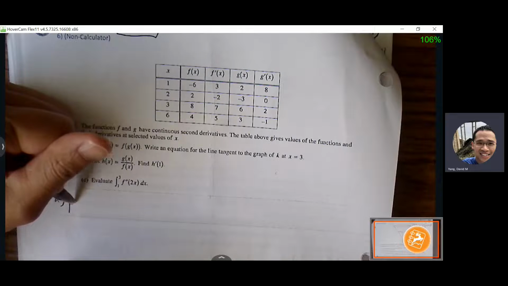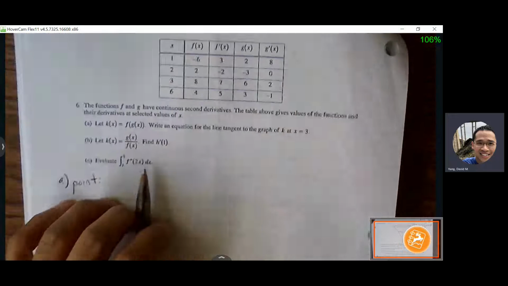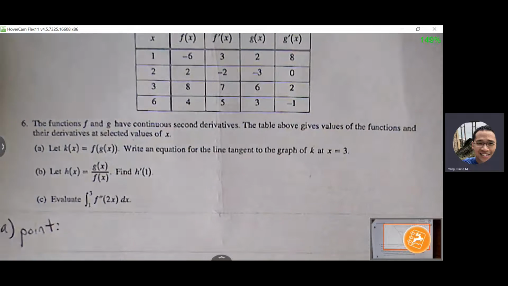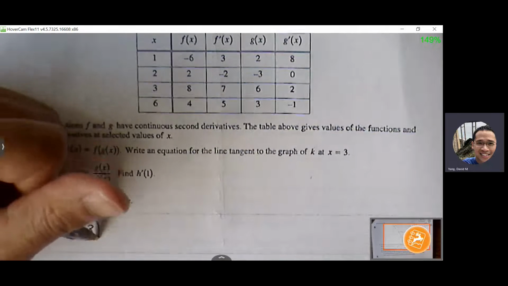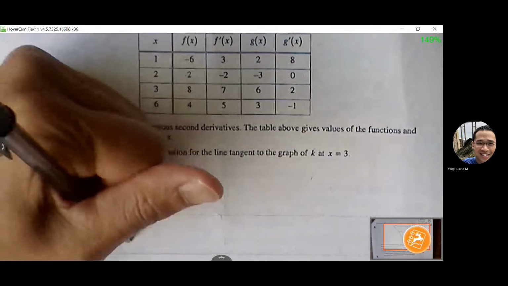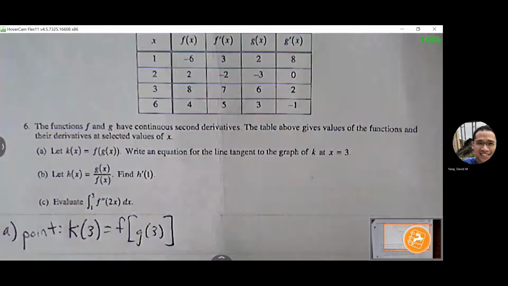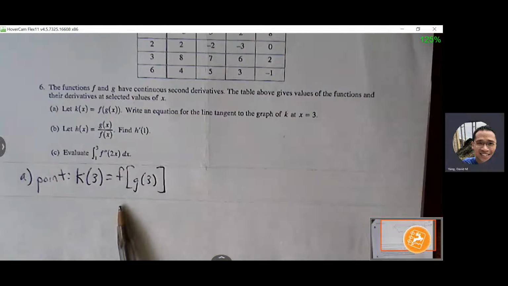Let's find the point. We know our x value is 3, so let's insert 3 into the x variable and see if we can find our y value. Okay, so f of g of 3.